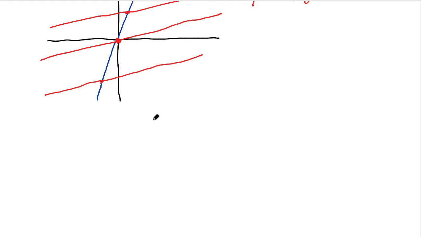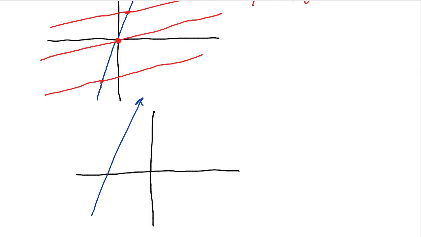And of course, we can consider observers that don't pass through the origin. It's the same story. If we have an observer traveling like this, that observer would see events simultaneous with this event as lying along a line like this, events simultaneous with this one, and so forth.